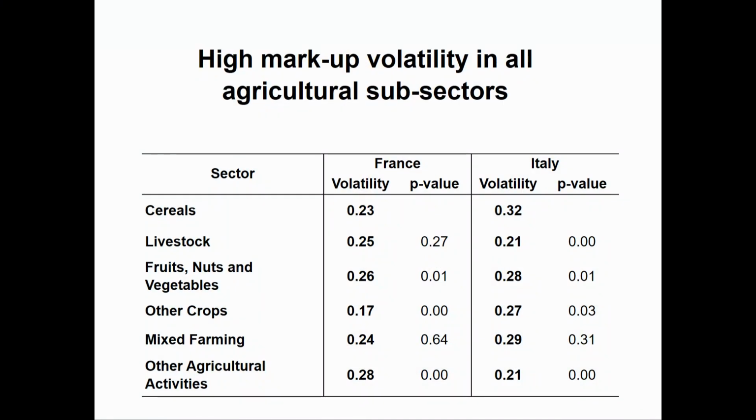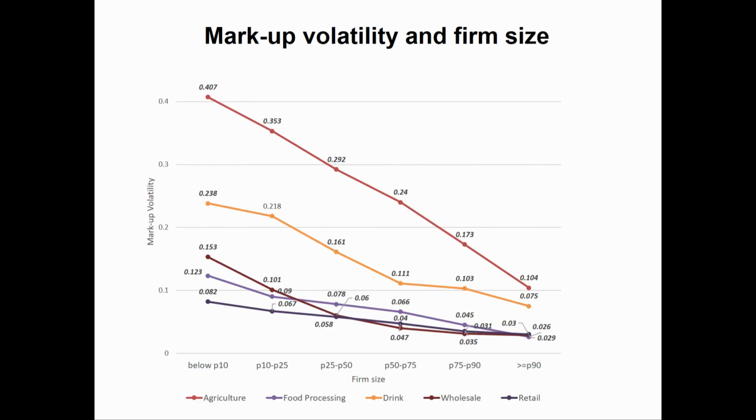But if we look then at the size effects, and there we did not have any ex-ante expectation of what it would be, we find that across all the value chain levels, but especially within agriculture, the red top line, you see that the markup volatility is much higher for smaller farms than for larger farms. Okay, so somehow larger companies and larger farms seem to be able to deal with a volatile environment much better than smaller farms.